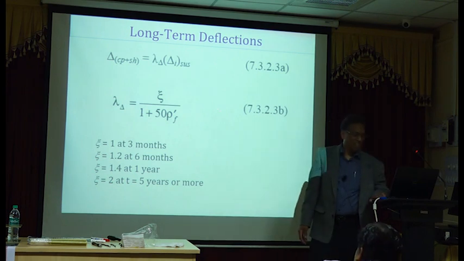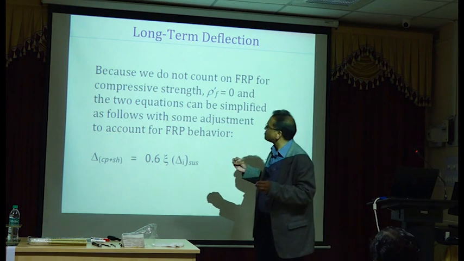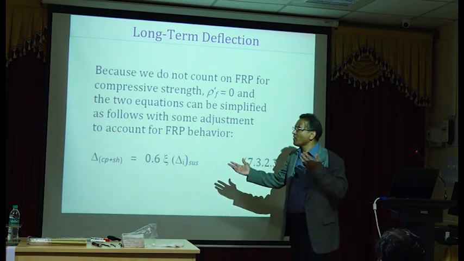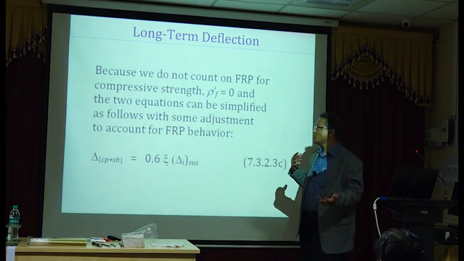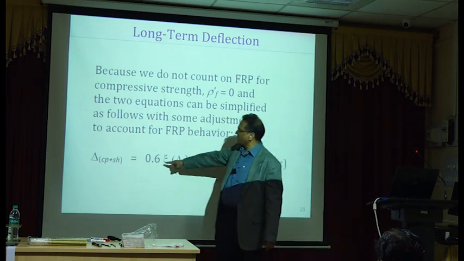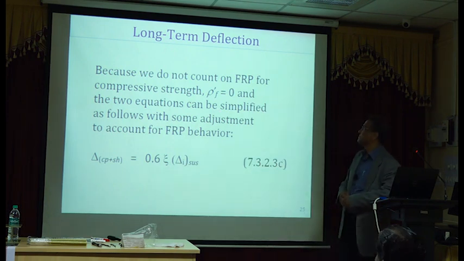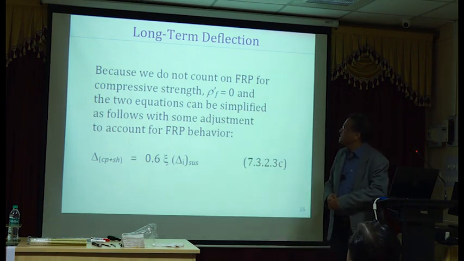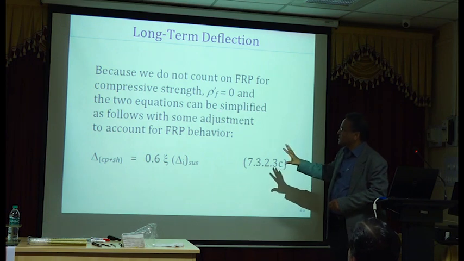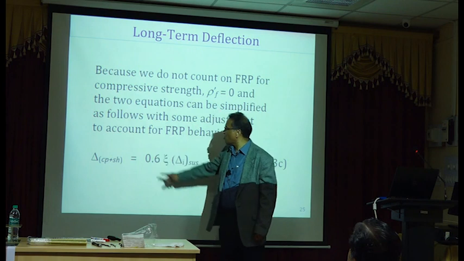Now, because there is some difference between FRP reinforced beams and steel reinforced beams, some adjustment is made, and that adjustment is given by a factor of 0.6.